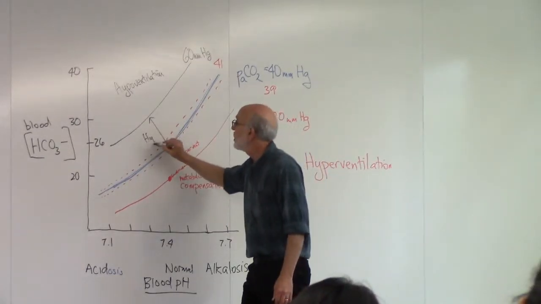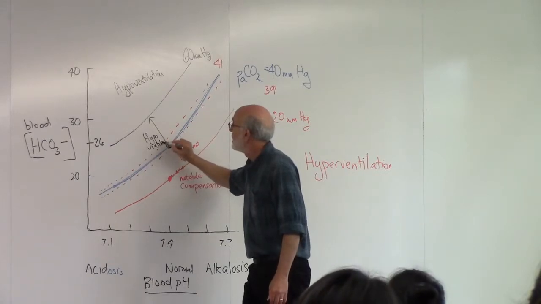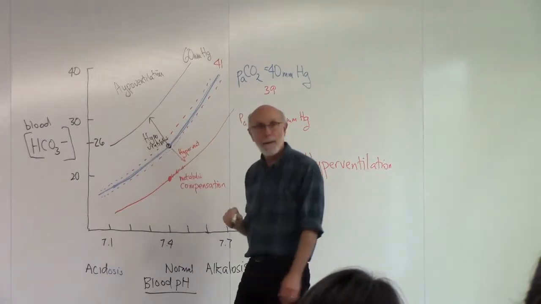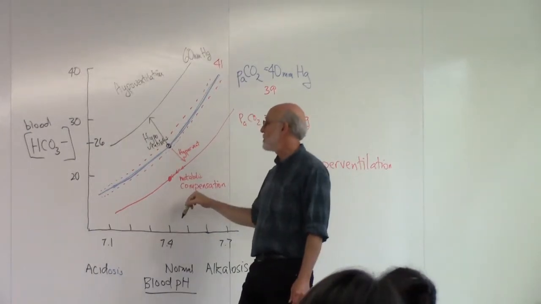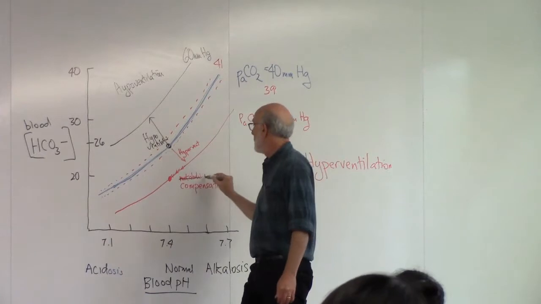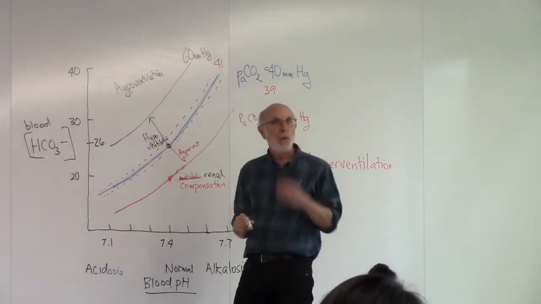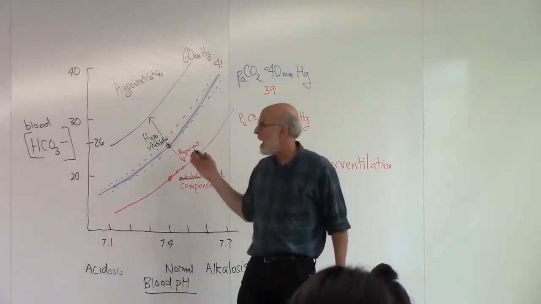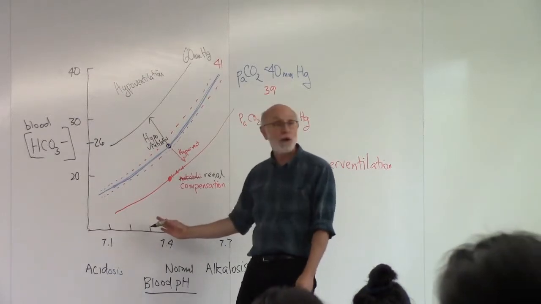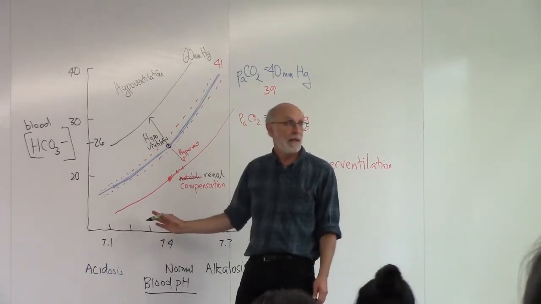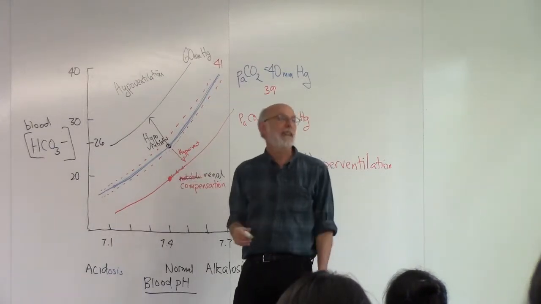This arrow represents hypoventilation. Now, what do we do? So using the example from hyperventilation and renal compensation, we're now becoming acidotic. The pH is deviating from our normal 7.4 into the acid range. What do the kidneys do?